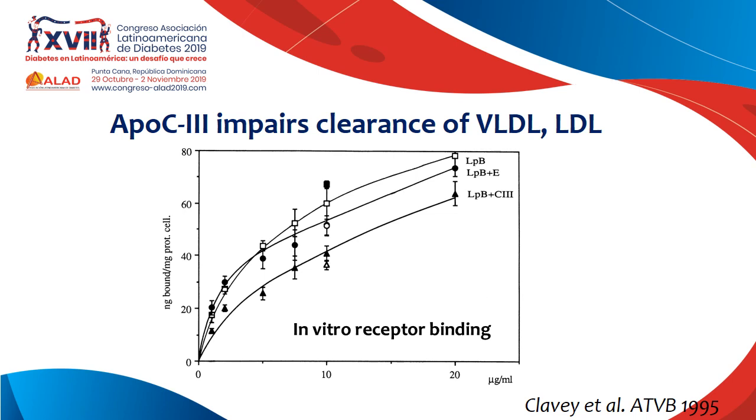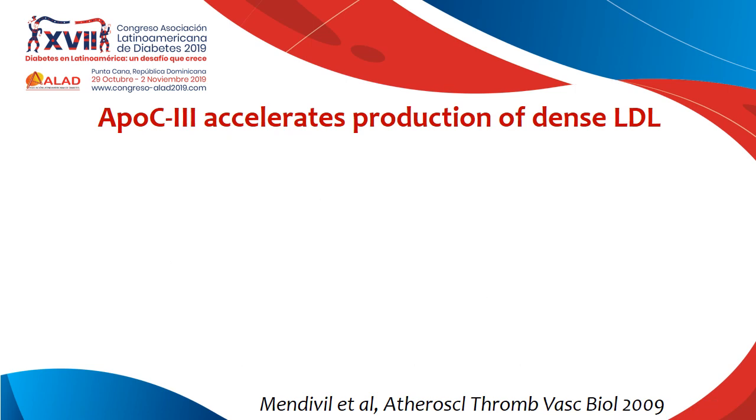of VLDL and LDL. Not only that, but ApoC-III has a metabolic impact. It accelerates the production of dense LDL. And we all know that small dense LDL are particularly atherogenic, and they correlate very strongly with cardiovascular risk over the long term.